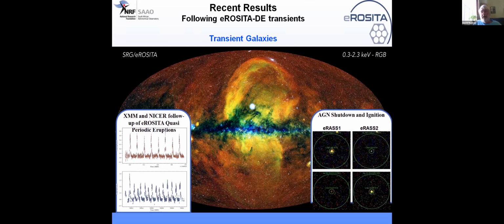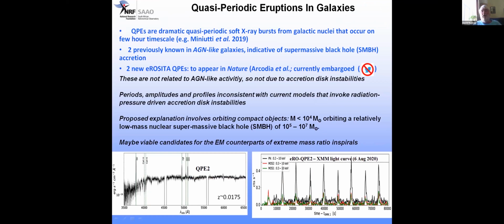And perhaps the most amazing discovery is the discovery of two so-called quasi-periodic eruptions from the center of two normal galaxies. So you can see here these light curves showing these quasi-periodic eruptions over a few hours in two different objects, which have been interpreted as due to the rotation of a black hole around the supermassive black hole at the center of the galaxy.